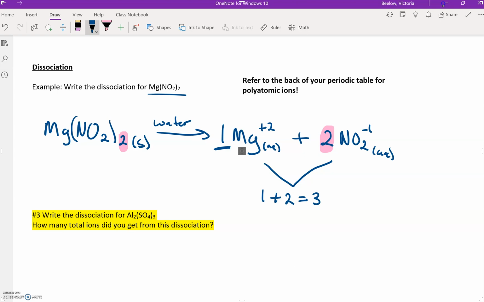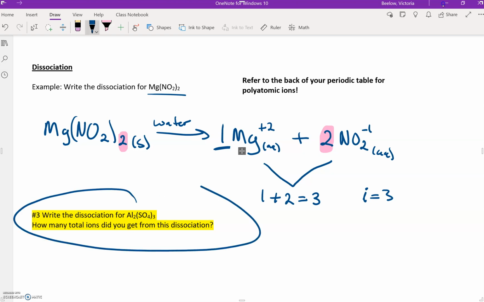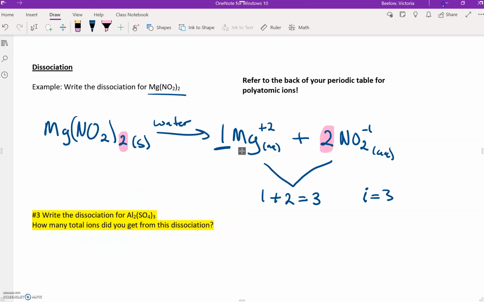Now this is going to be relevant later when we start talking about boiling point and freezing points, and this 3 is going to represent i, which is how many ions you would have. This is relevant for any type of solution that has electrolytes, which this is an example of because it's an ionic compound and it's something that would dissociate. So again, make sure you're doing all of the highlighted problems on your own.